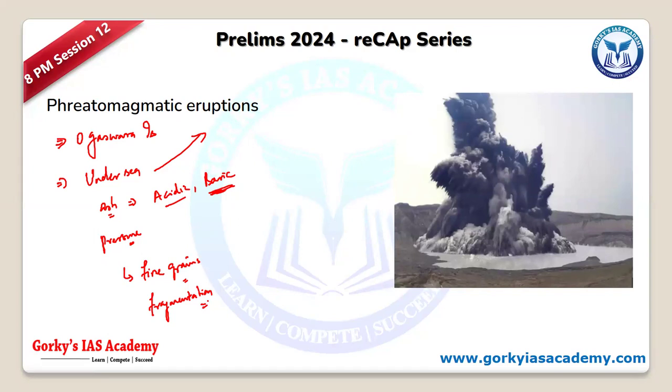Such questions can also be asked indirectly. Even if they don't ask directly, they may ask about undersea volcanoes, how they are formed, and what factors are involved. Likewise, questions can be asked. Okay. Right.